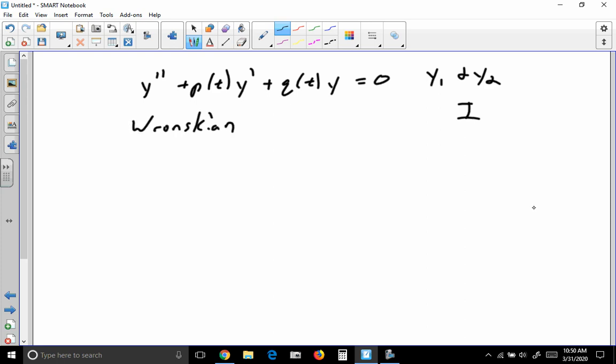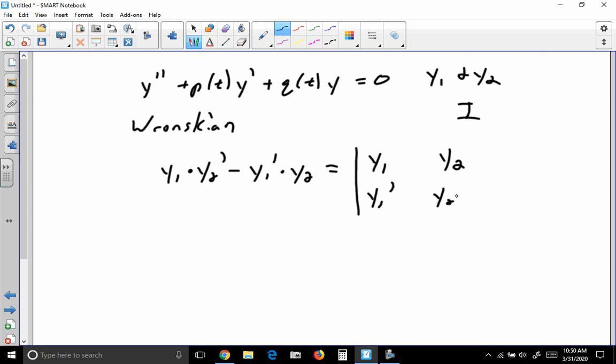And the Wronskian is simply y1 times y2 prime minus y1 prime times y2, or in determinant form, y1, y2 in the first row, y1 prime, y2 prime in the second row. So think about it.